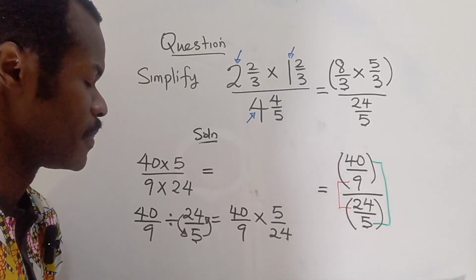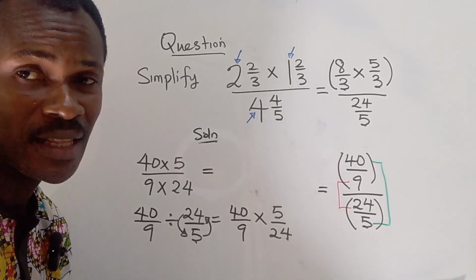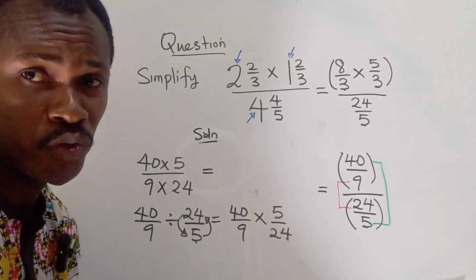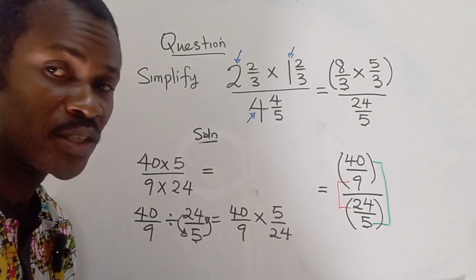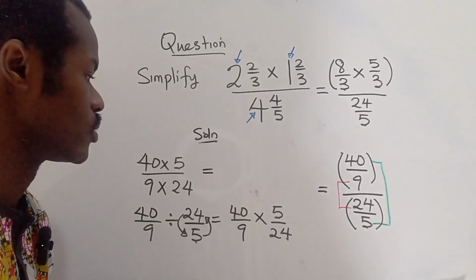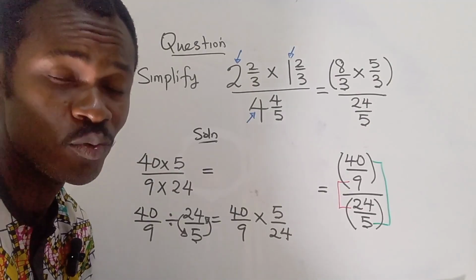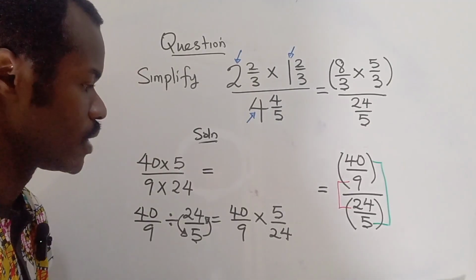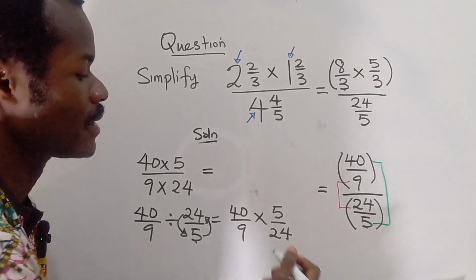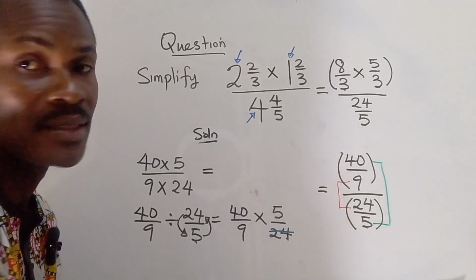Now because the numbers are going to be large, I will want to reduce it, so that we don't use big numbers that we still have to reduce. So let's quickly reduce it. Now I can see that 2 can divide this.